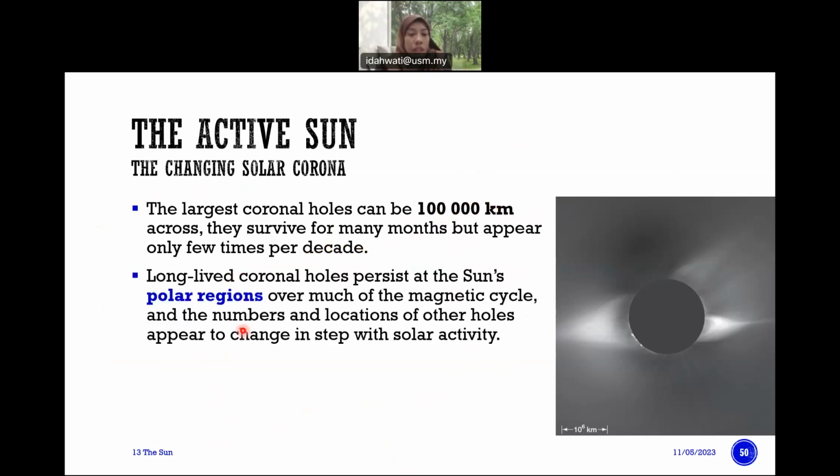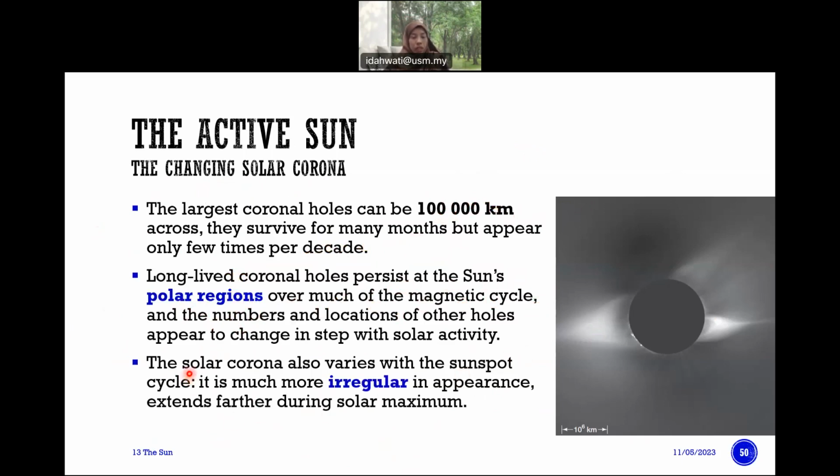And long-lived coronal holes persist at the sun's polar regions over much of the magnetic cycle. And the solar corona also varies with the sunspot cycle. So it is much more irregular in appearance and extends further during solar maximum.